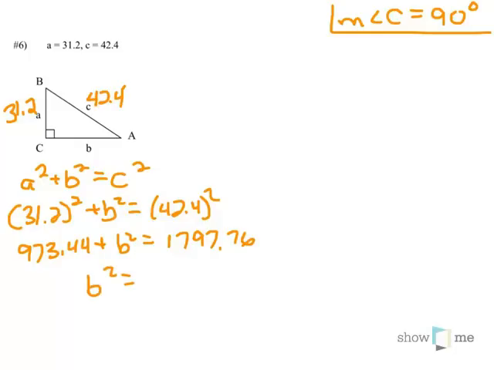If you square root both sides, you get B is plus or minus the square root of 824.32. B is the length of a side. Therefore, it's just the positive answer. B is approximately 28.7.